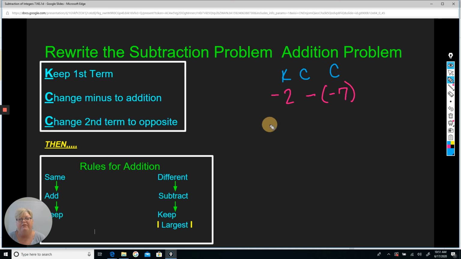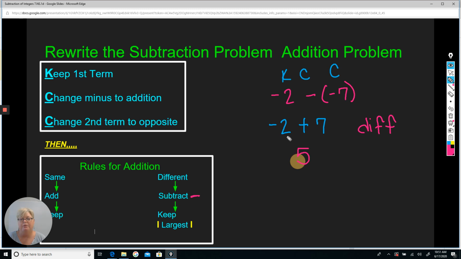So I have keep the first term, change it from minus to plus, and change negative 7 to positive 7. Now I'm going to look at my terms, and I have a negative 2 and a positive 7. Those are different. And what do I do with different? I subtract, and I'm going to say 7 minus 2, which is 5.